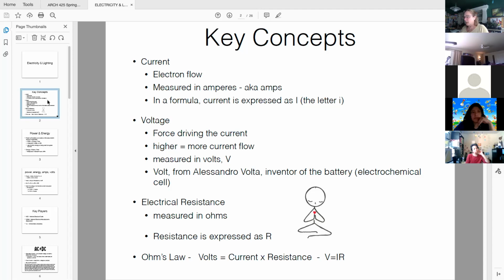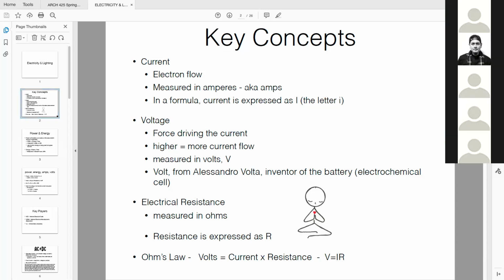We don't need to get into the chemical aspects of how the electrons are transferred from one atom to the other, but if you think about it on a similar level to water, I find that really helps understand some of the concepts. But the terminology is a little bit different.